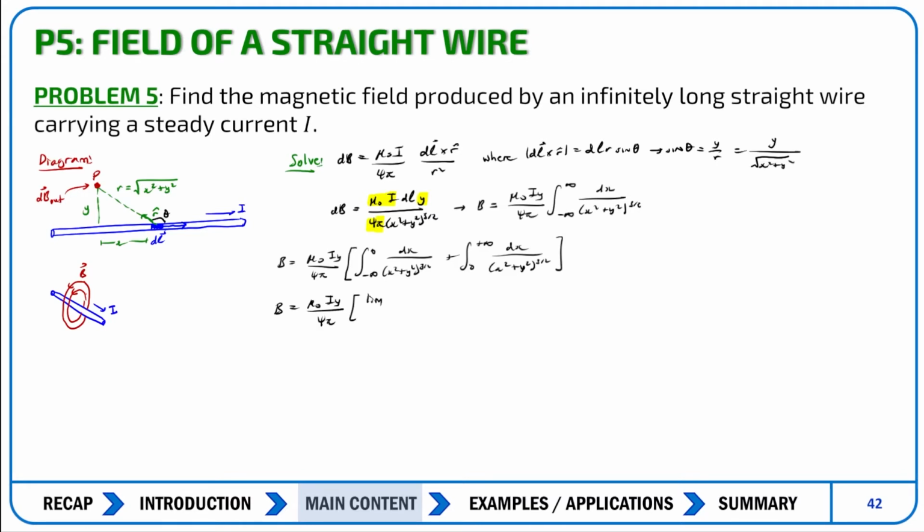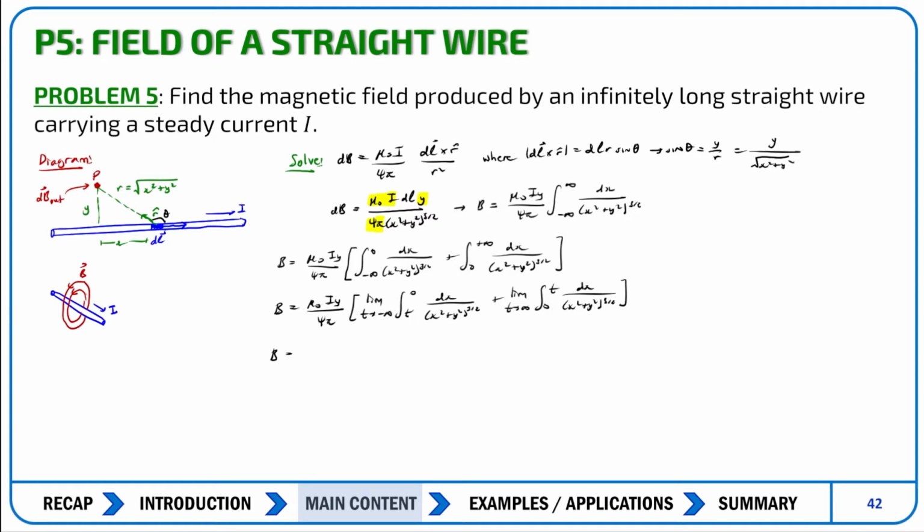We have the limit as t approaches negative infinity of the integral from t to 0 of dx over (x squared plus y squared)^(3/2), plus the limit as t approaches infinity from 0 to t of dx over (x squared plus y squared)^(3/2).